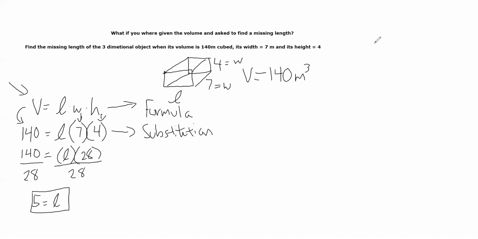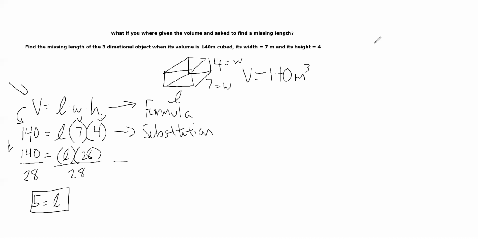Then we have 7 times 4. We're just multiplying here, so I just reduced this and brought it down. 140 is equal to length times 28. 7 times 4 is 28.